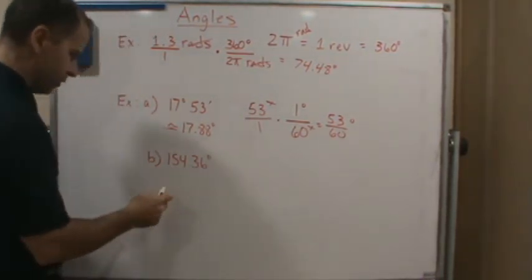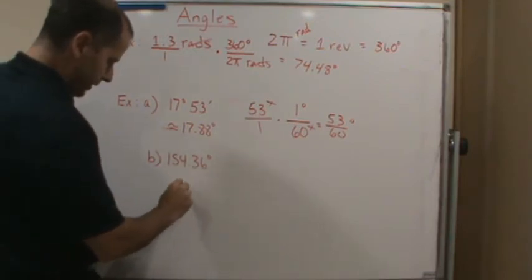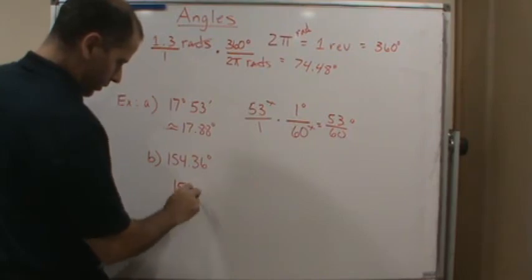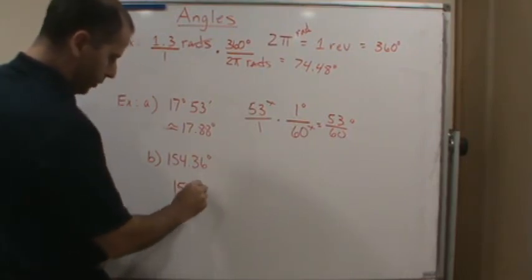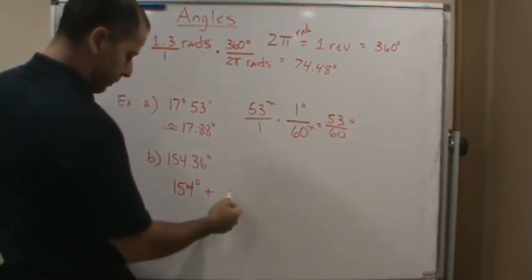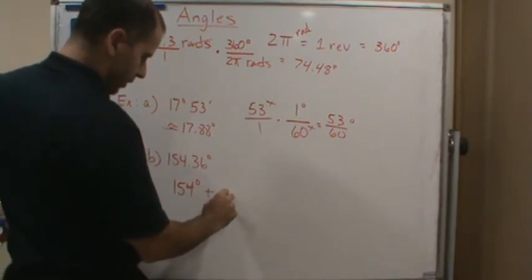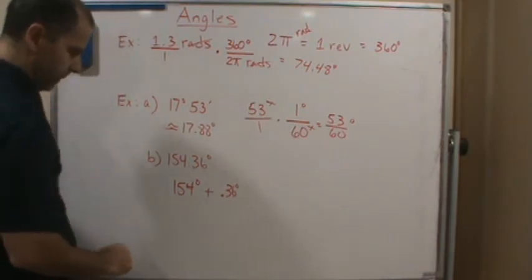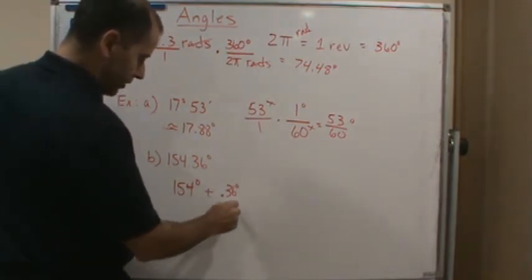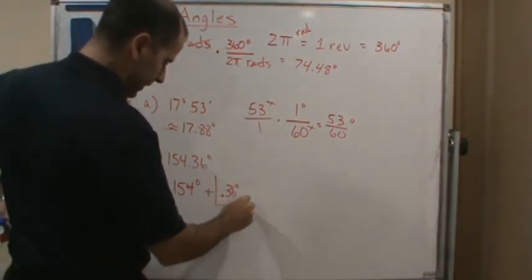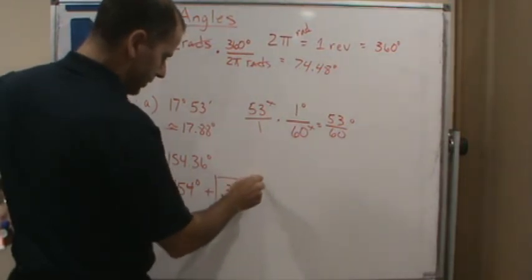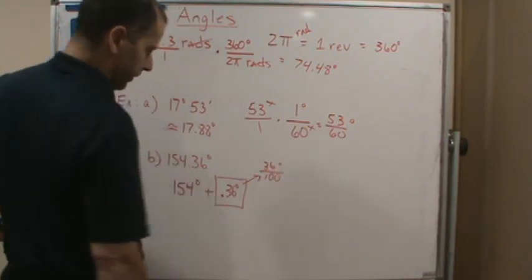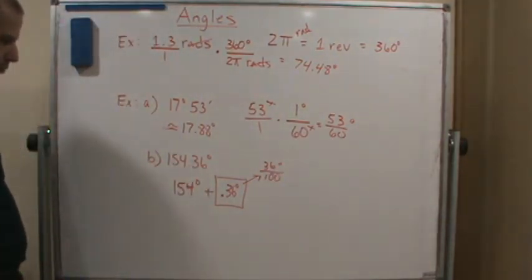This is 154 degrees plus the decimal part, which is 0.36 degrees. That piece is also the same as 36 over 100 degrees.